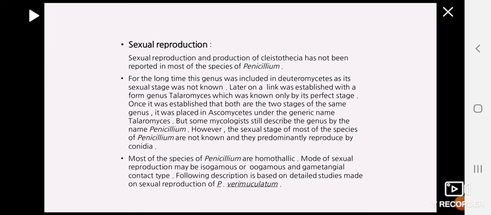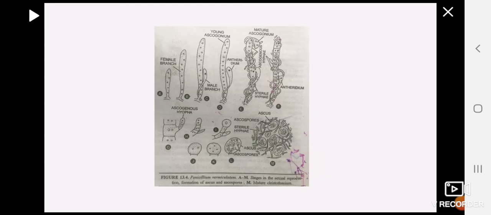Now we'll discuss the development of sex organs. The female sex organ is the ascogonium, and the male sex organ is the antheridium. Now you can see in this diagram how the ascogonium and antheridium are developed. So you can see here, the ascogonium arises as a lateral outgrowth from any vegetative cell. In the beginning, it is uninucleate, but later on, it grows and elongates.